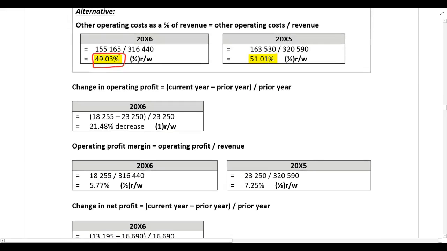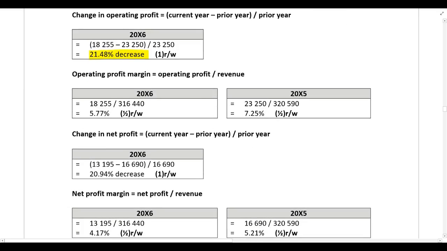Then next, you should have calculated the movement or the change in operating profit, and you should have got a 21.48% decrease. Then you should calculate operating profit margin for each of the years, and you can see the margin was 7.25% in 20X5, and it decreased to 5.77% in 20X6.